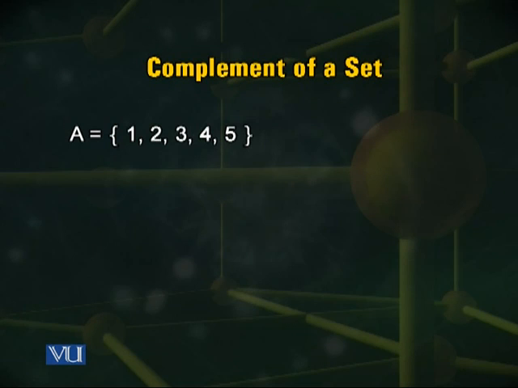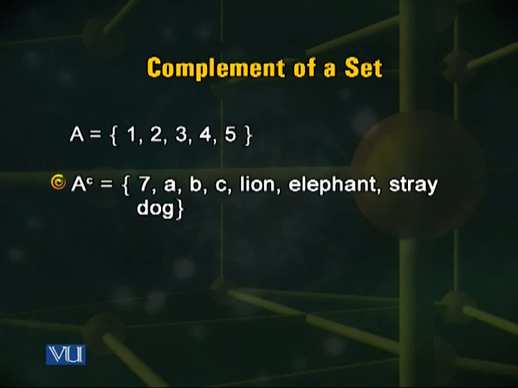As you see in the next slide, if the given set has elements 1, 2, 3, 4 and 5, then the set A complement, which represents all the elements not in the set, can have number 7 because it's not in the given set. It can have letters A, B, C because certainly these letters are not in the given set, but it can have many more other possibly irrelevant things.